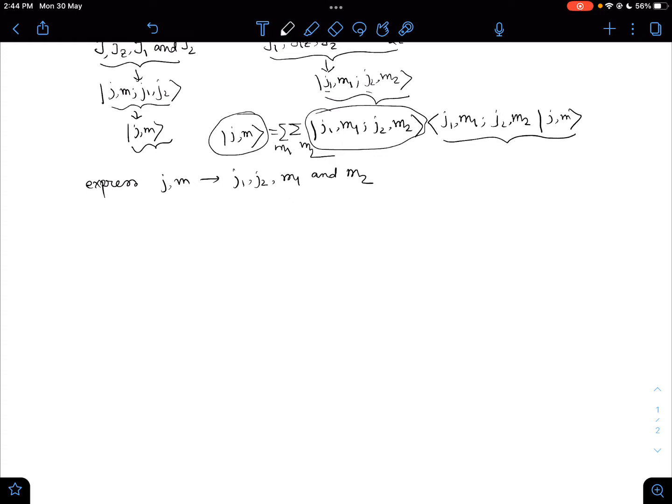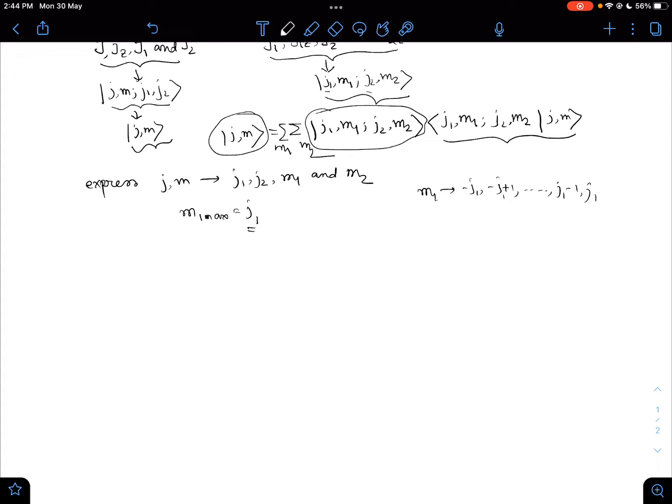Now, what is the maximum value of m1? The maximum value of m1 is j1, because j1 is fixed and m1 can have values from minus j1 to plus j1.